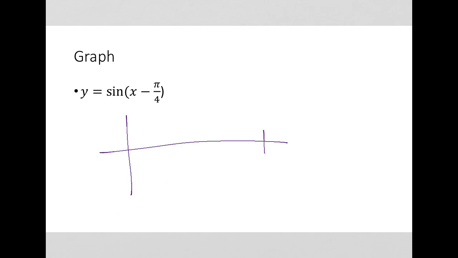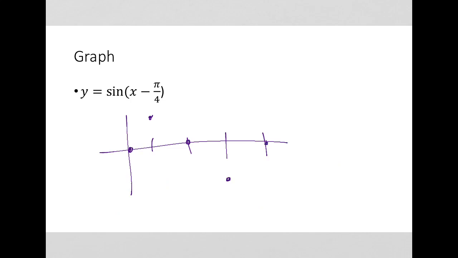So I think of the normal sine graph. I'm going to start that over. Boom, boom, boom, boom. That's a little bit better. So normally sine is going to start there and go there and go there and there and there.